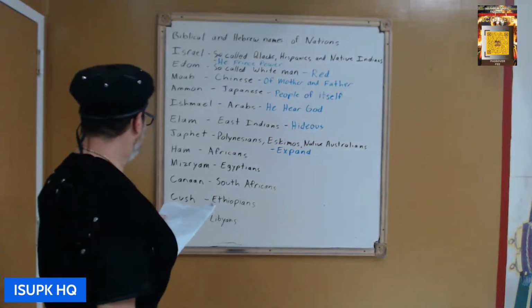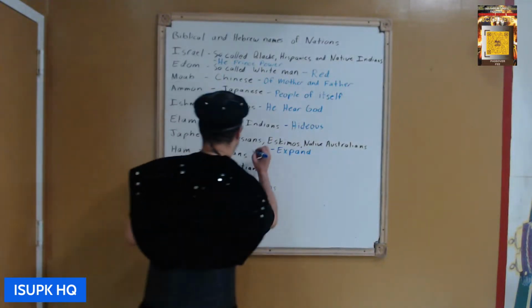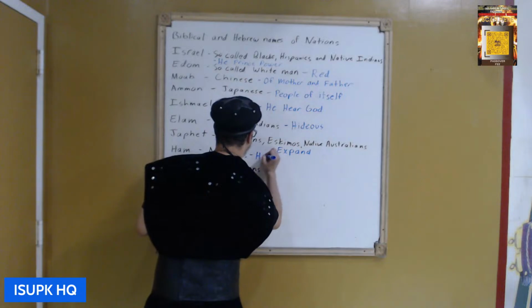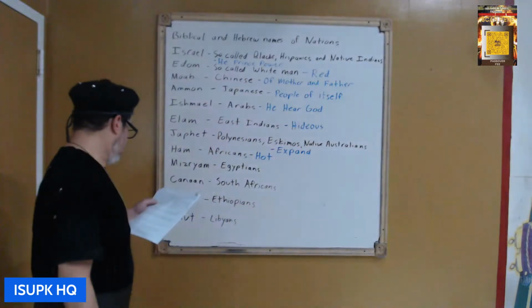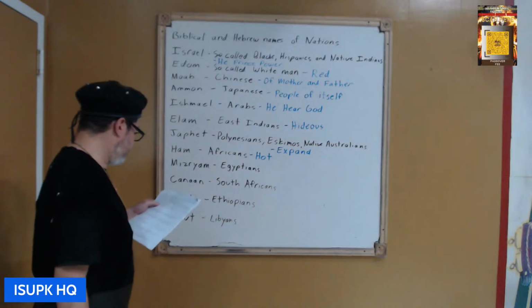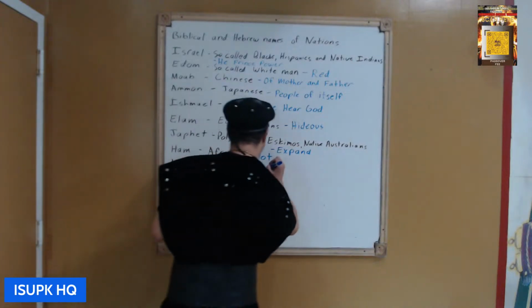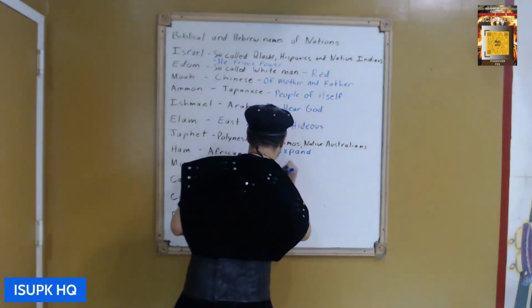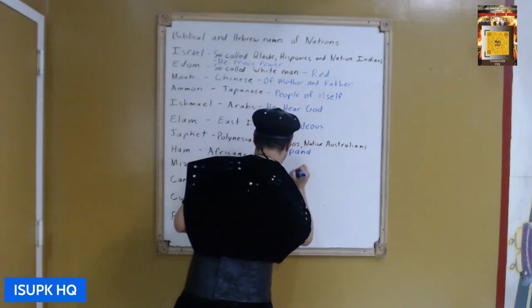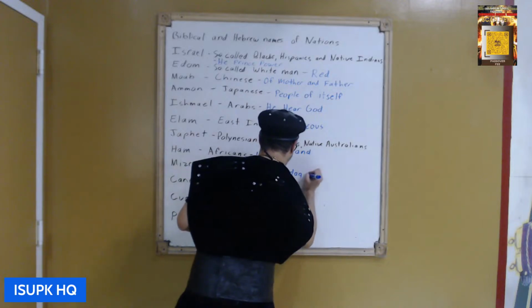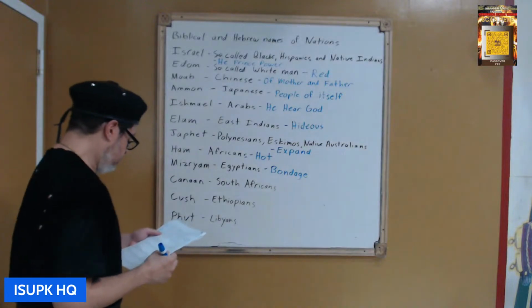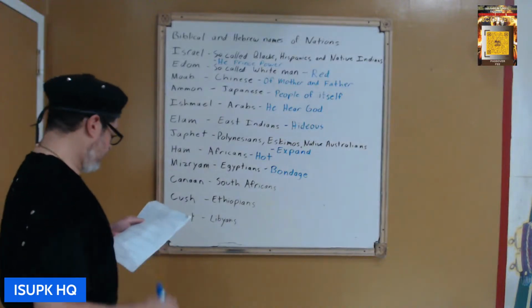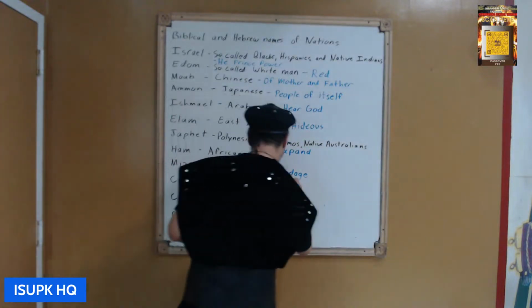Ham, the Africans, is actually hot. Mizraim, the Egyptians, is actually bondage. Canaan, the South Africans, actually humbled.